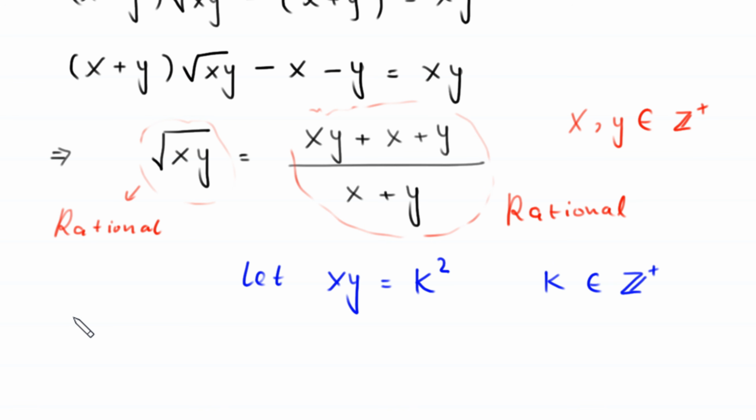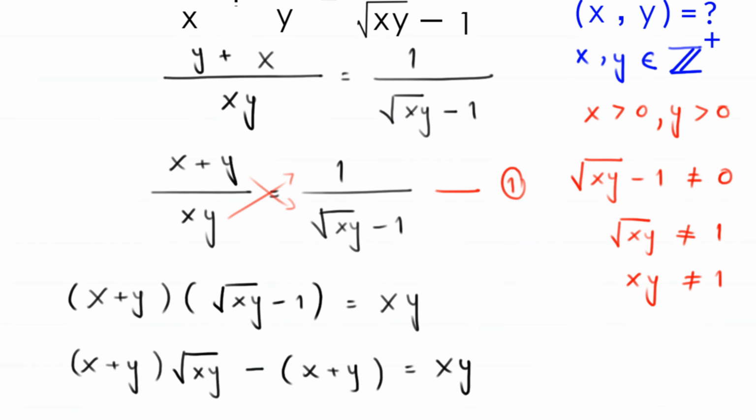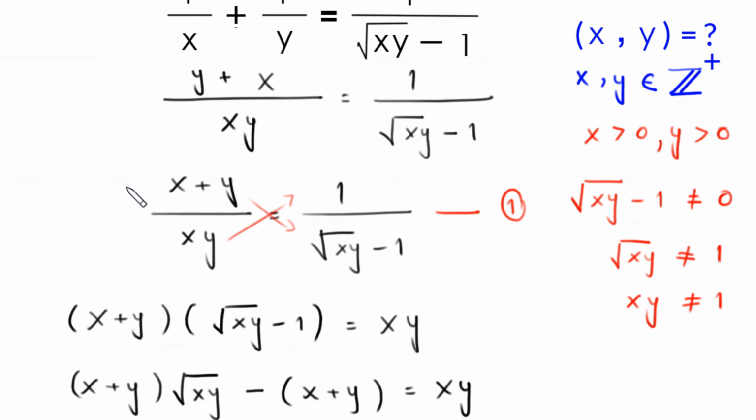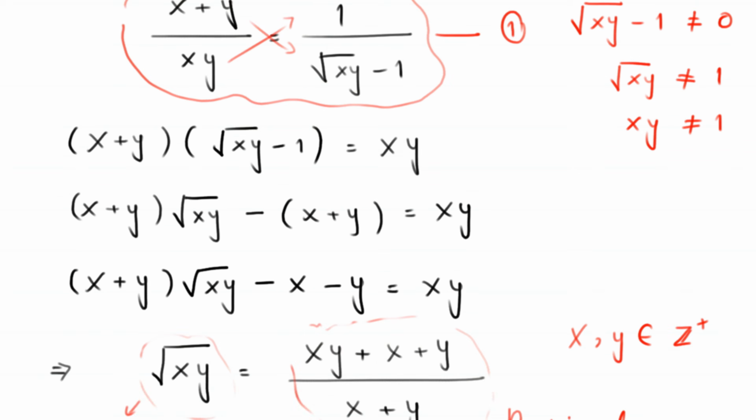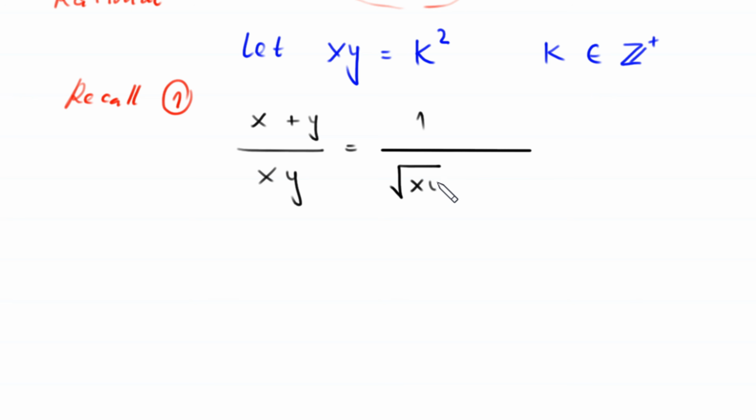And now we recall equation number 1. Equation 1 is (x plus y) over x times y equal to 1 divided by root xy minus 1.